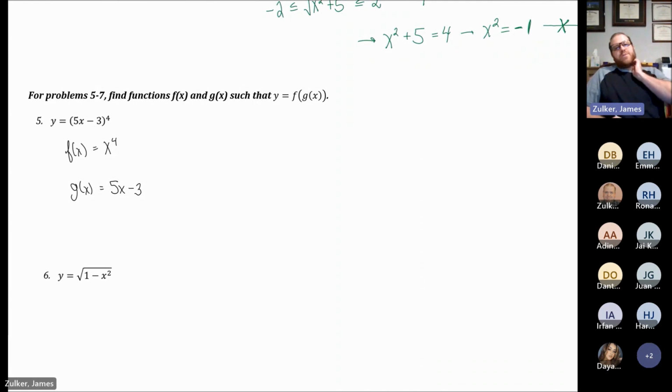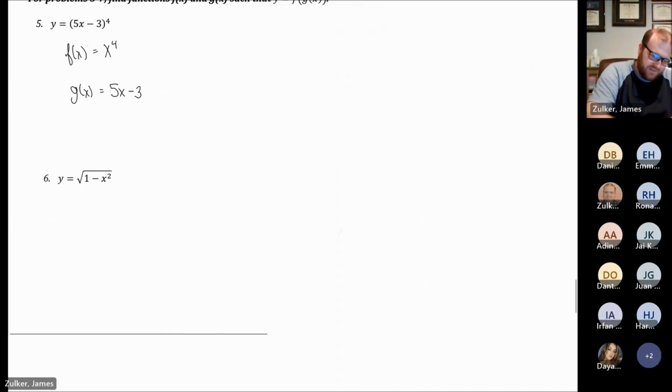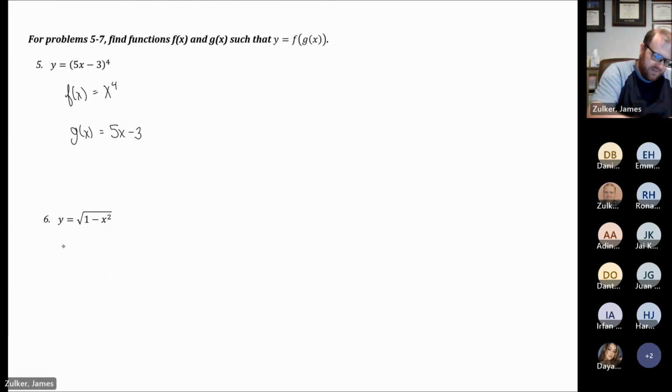All right, let's look here. Square root of 1 minus x squared. So what would you make the inner function g of x?